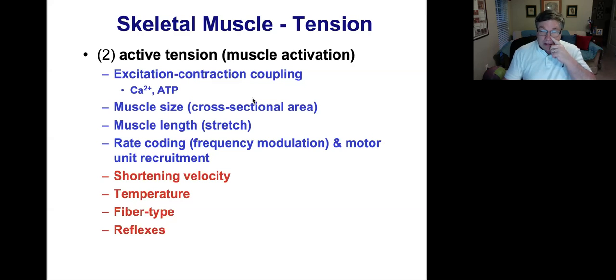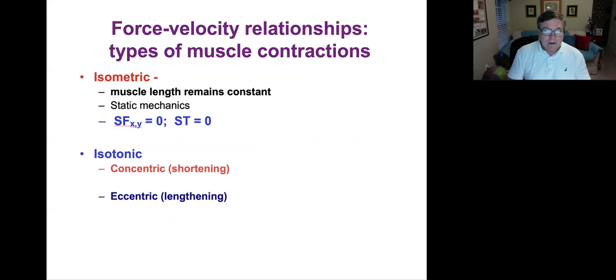So today we're going to start off by talking about the effects of movement, which means velocity of the muscle. How fast is that muscle shortening? So we're going to take a look at both isometric and isotonic contractions.